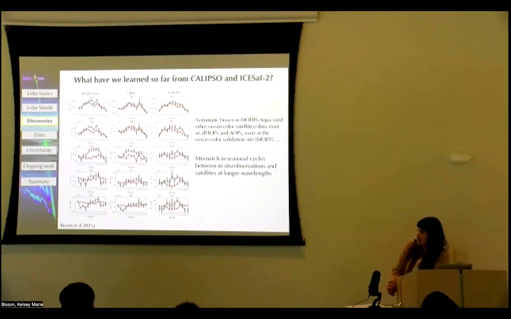We could have found this without the CALIOP data, but it really took comparing on global scales the differences of these 2 sensors, one independent active, one passive, and investigating why they had such a systematic disagreement to eventually land here. But I will also say, and we will talk about it more tomorrow, anyone can download these data at any time. They're the data that are used for the MOBY site to calibrate all ocean color satellites. And it's as simple as going to the website and downloading a CSV and plotting it.